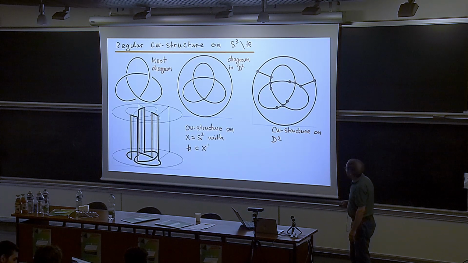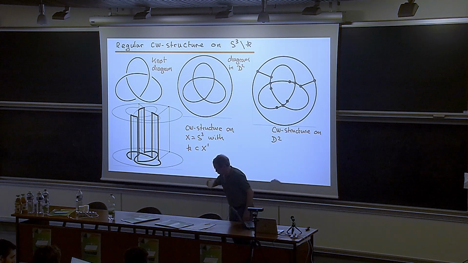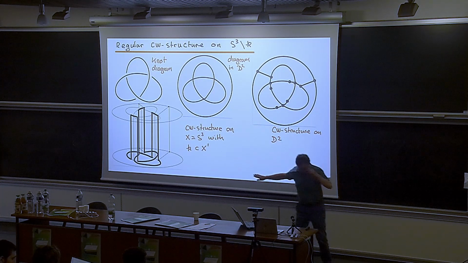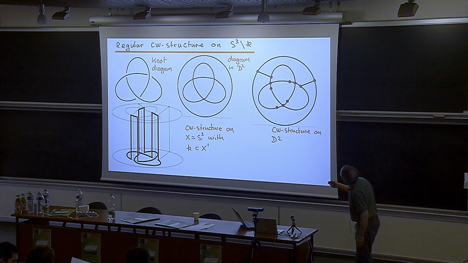Then what do we want to do? We want to construct a knot. I think this picture is hopefully self-explanatory. We want to put back in the under and over crossings, and the 0-cells have been chosen either side of the crossings, and this undercrossing here is going across.